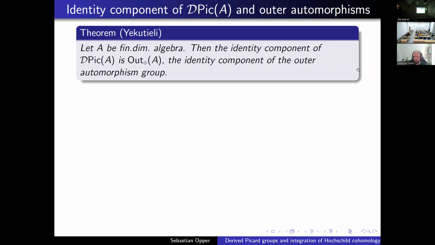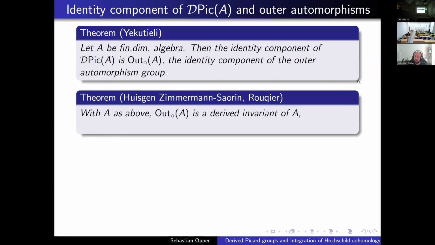Then there's a theorem by Hochschild, Zimmermann, Saurin, and independently by Rouquier, which says that if A is a finite dimensional algebra, then this identity component of the automorphism group is a derived invariant of A. And just to be sure, that means if B is another algebra, no grading, no differential, such that the derived categories agree, then the identity components also agree.